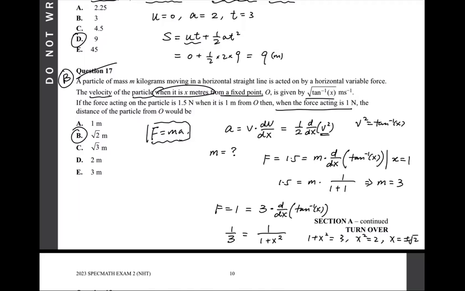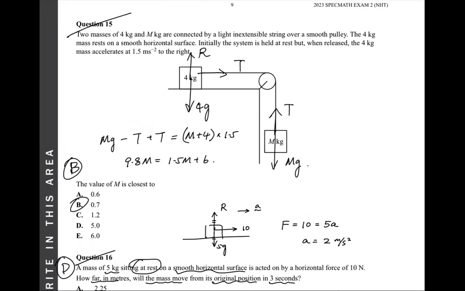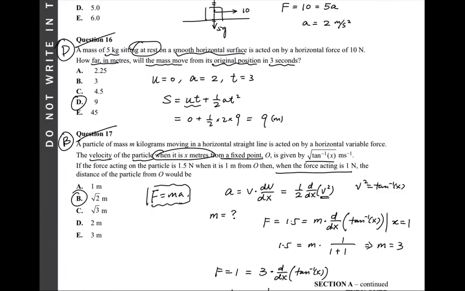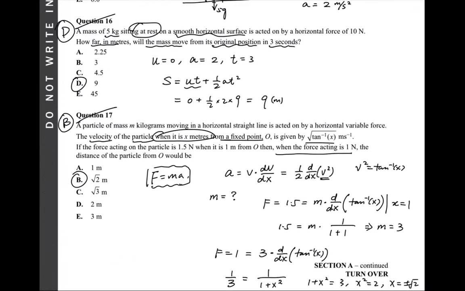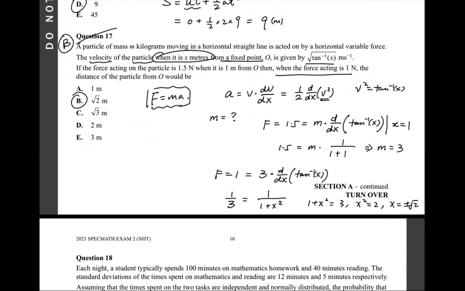We want the absolute value of the particle's displacement, okay? So choose option B. Again, questions 15, 16, and 17 all have small elements of mechanics, F equals ma, but this year we should focus on more kinematics problems.